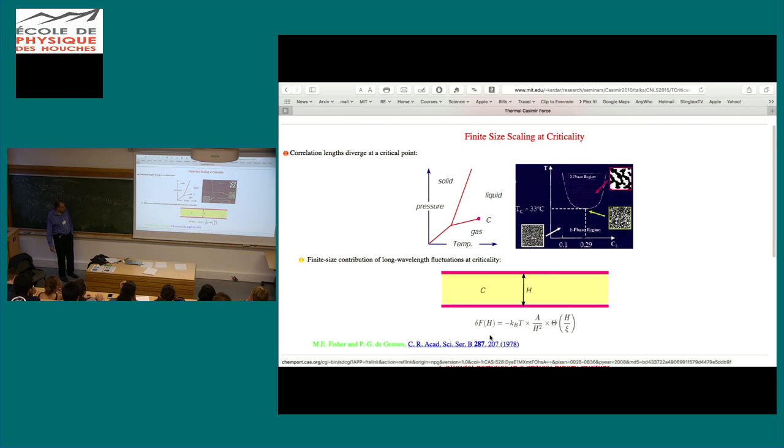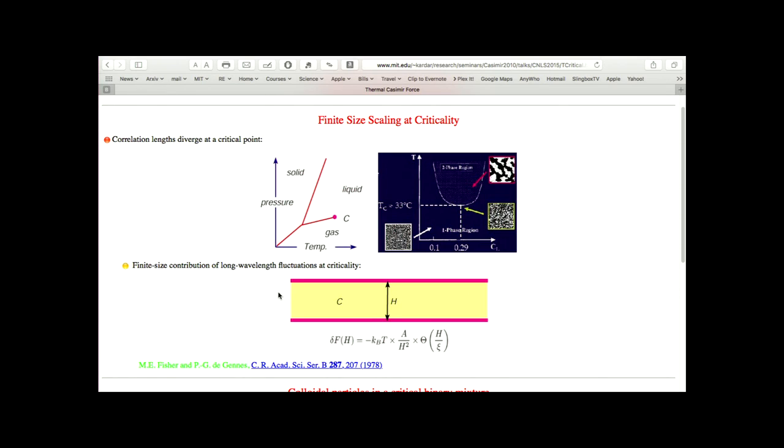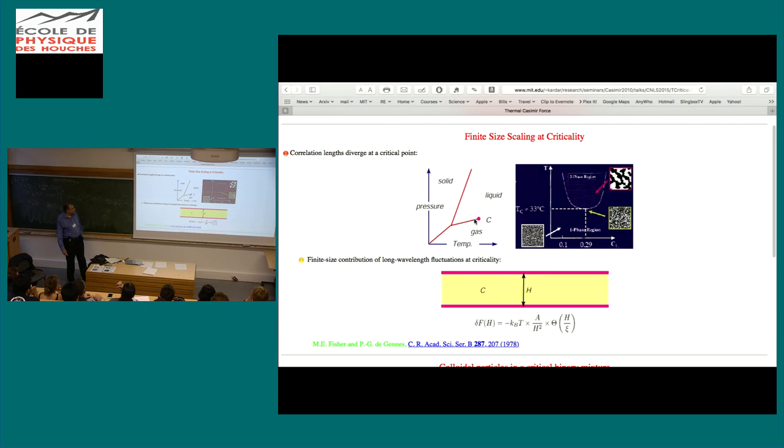In 1978, Fisher and de Gennes proposed a consequence of having a fluid at the critical point, and the consequence was that you will have the analog of these pressures that we discussed, except that the fluctuations that we are dealing with come not from an infinitely long-range correlated free field theory, but the theory that comes by being at the critical point.